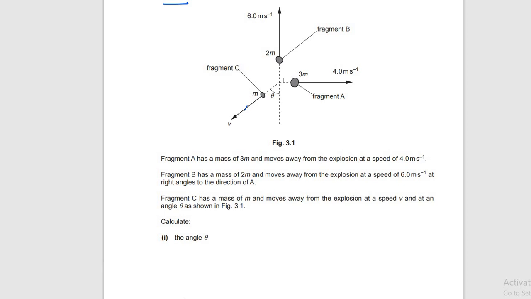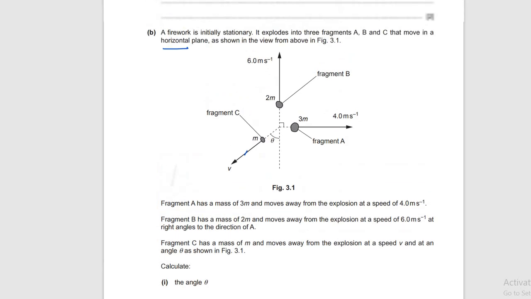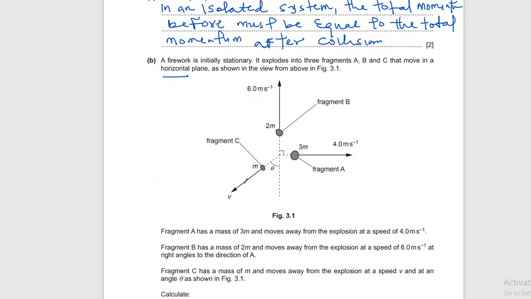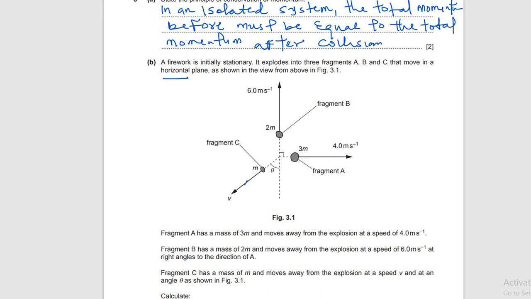Okay, now in this case, since we are asked to find angle theta, we have two directions. In this diagram, I can see the vertical direction. I can also see the horizontal direction.